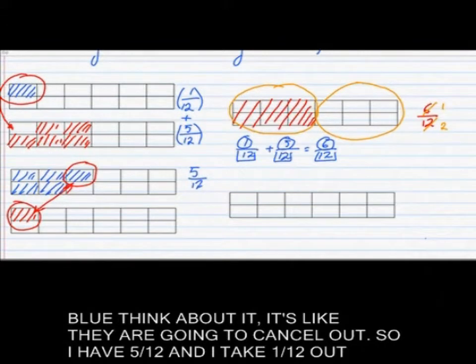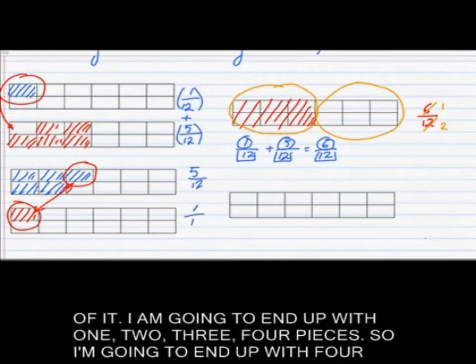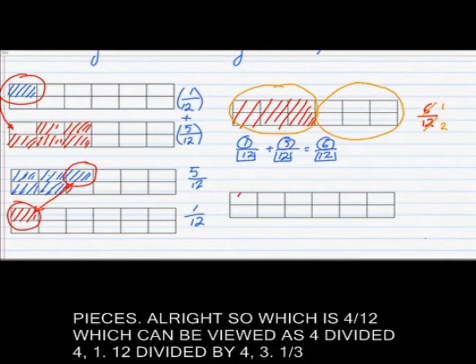So I have 5/12 and I take 1/12 out of it. I am going to end up with 1, 2, 3, 4 pieces. So I'm going to end up with 4 pieces, which is 4/12, which can be viewed as 4 divided by 4 is 1, 12 divided by 4 is 3, so 1/3.